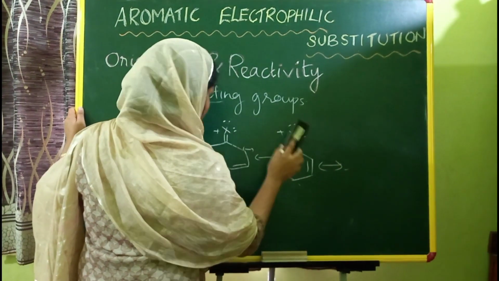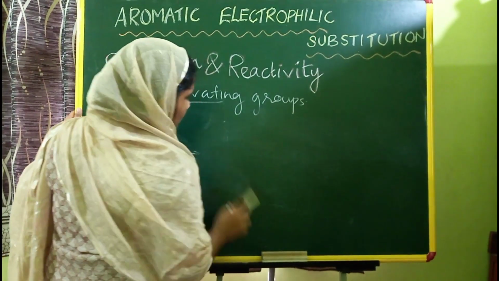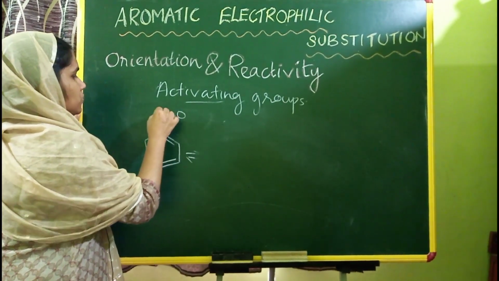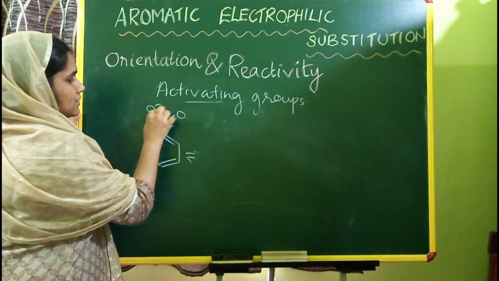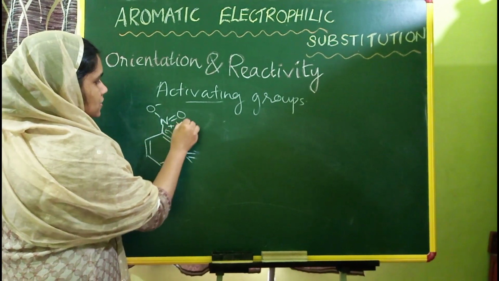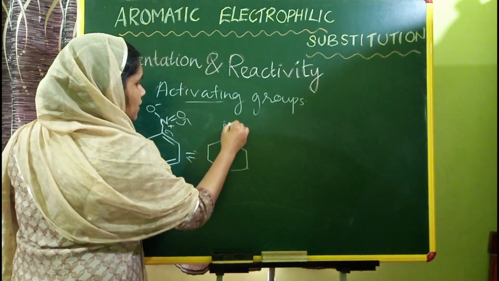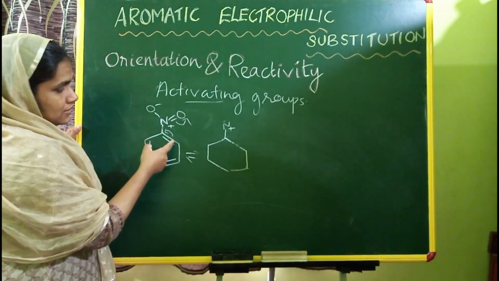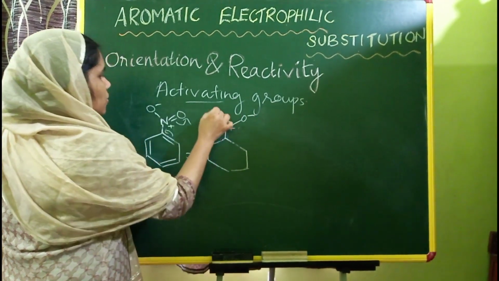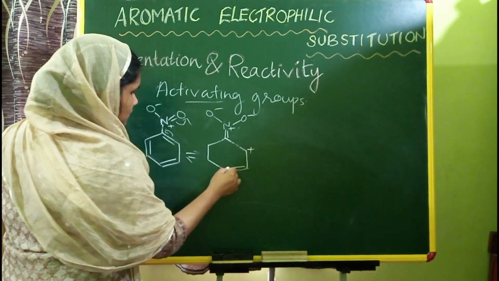Suppose we are substituting this benzene ring with another group, NO2: N double bond O, coordinate bond O, or you can write it like this. The resonating structure you can draw like this. Here N plus, since one electron is getting here and one is going here, the positive charge remains like this. O minus, here double bond, then here positive charge.